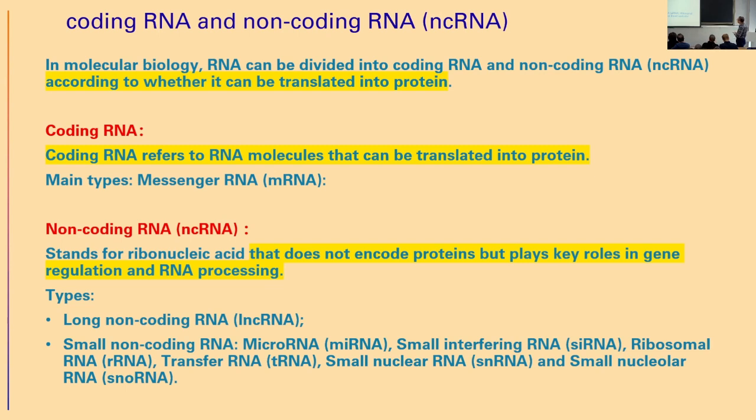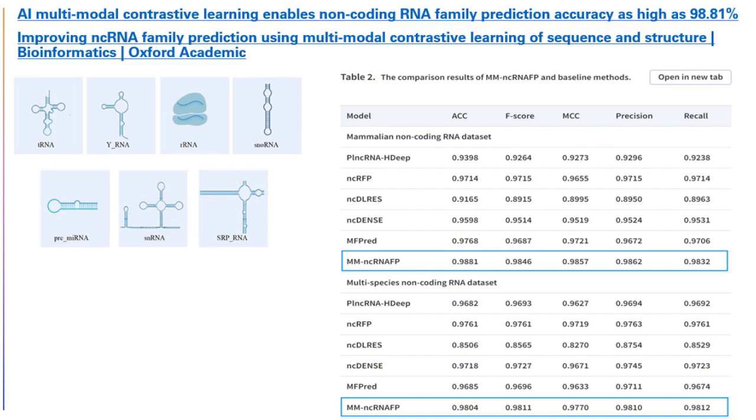Now we try to study this coding and non-coding RNA. And using the same thing, that's another paper that we found recently. They claim they can predict this non-coding RNA with accuracy as high as 98 percent. This one is their data set.